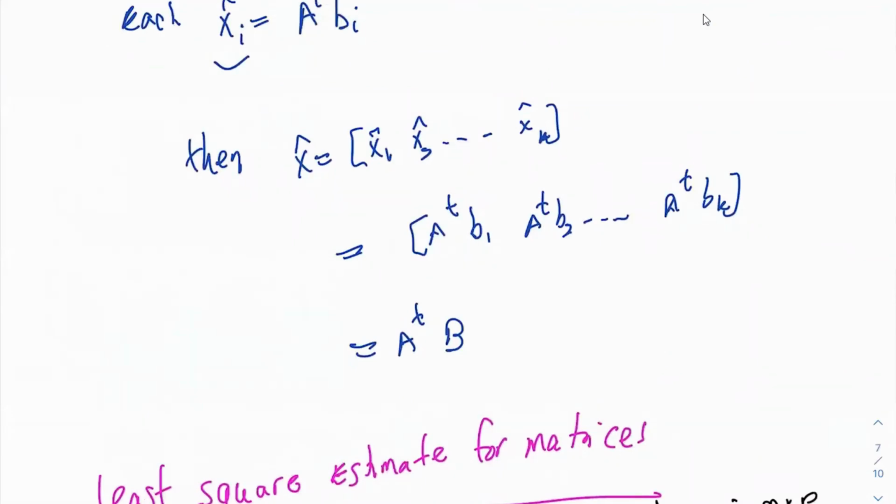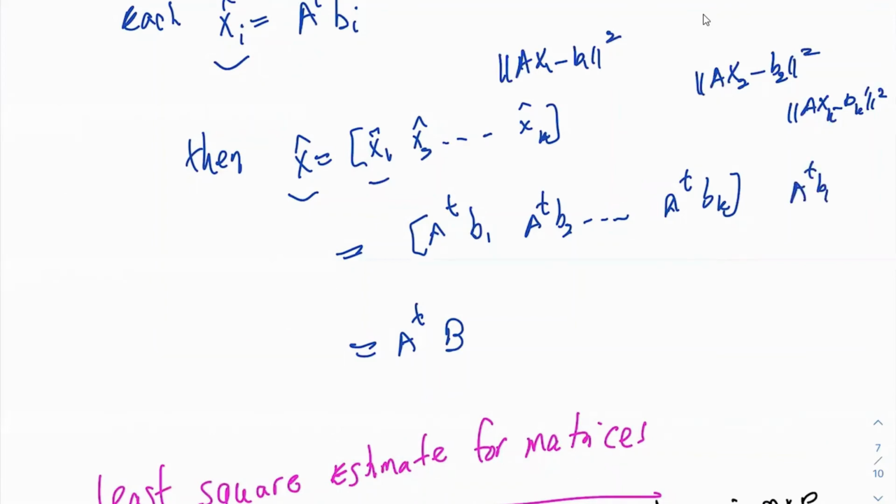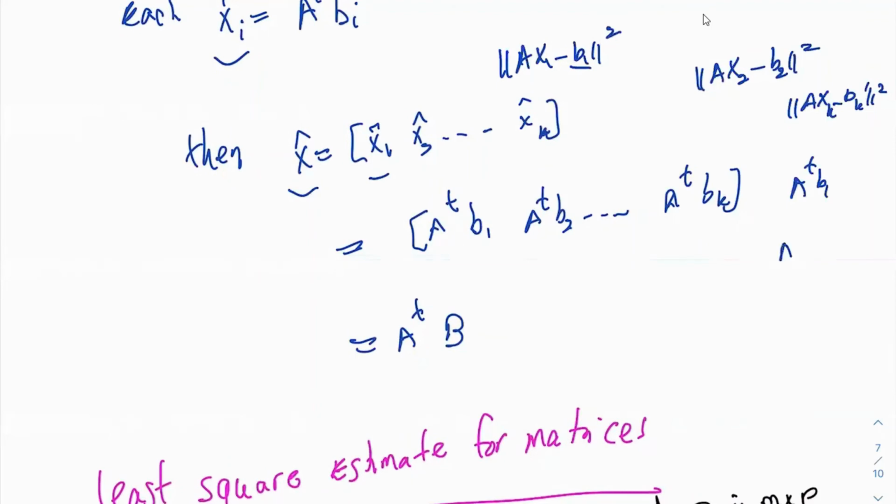Now, if you take the solution, which is going to be the columns of matrix X, x1 hat is going to be the solution for the first term, x2 hat is going to be the solution for the second one, and xk hat the solution for the last one, right? Good. So the solution for x1 hat is A pseudo inverse b1, the solution for the second one is A pseudo inverse b2, and the solution for the last one is A pseudo inverse bk, right?